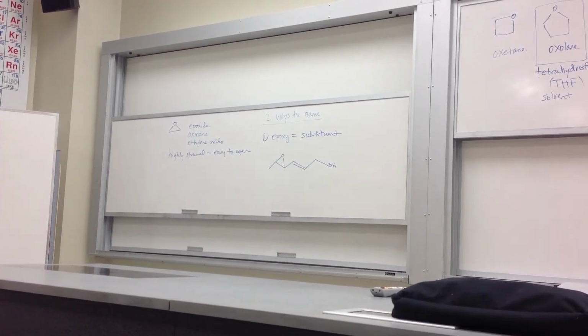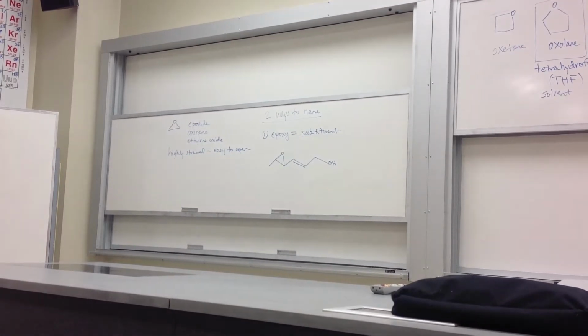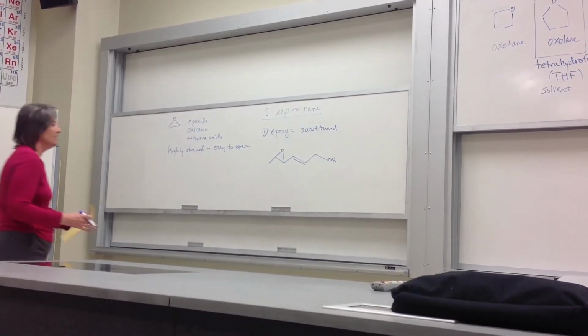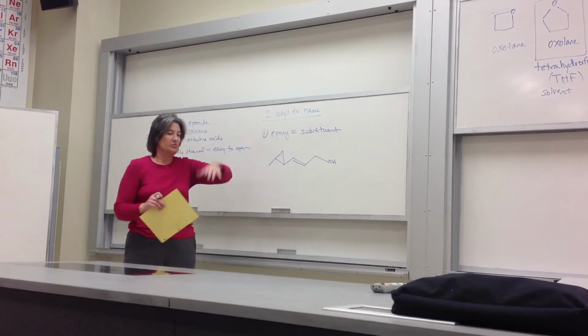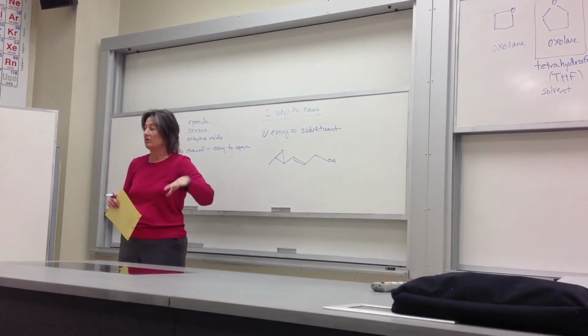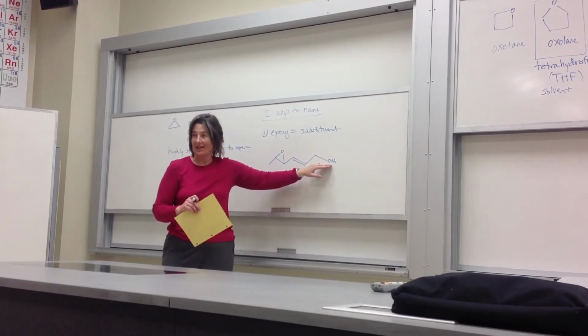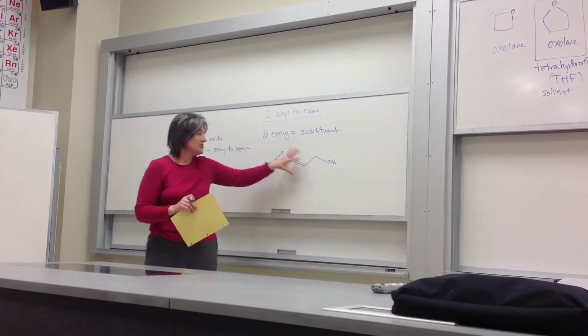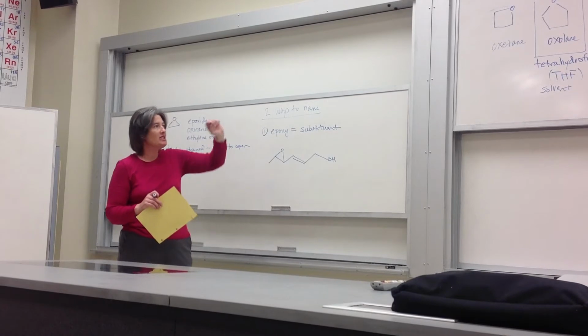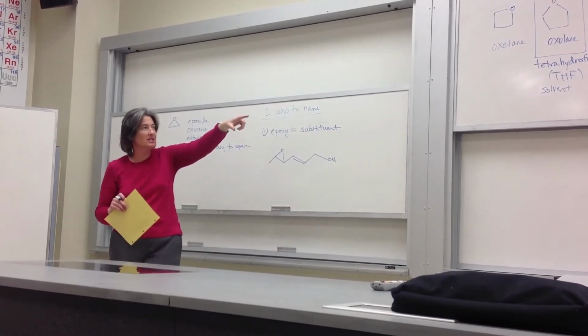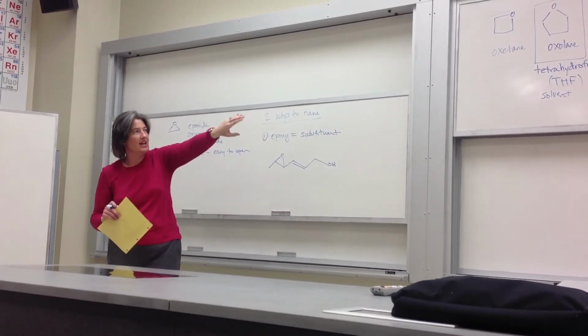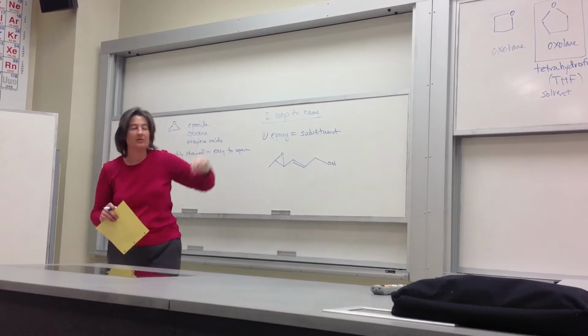Just looking at this molecule, the ethers, if you look in your priority list, are down in the subordinate group. And so this molecule should be named as an alcohol, and then the rest of the stuff is just substituents. The reason we didn't do that before is it was so difficult to deal with that side chain that went to an O.